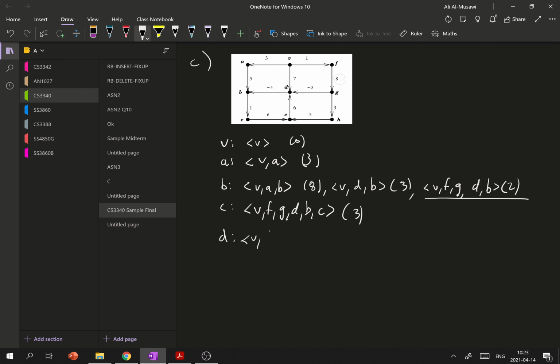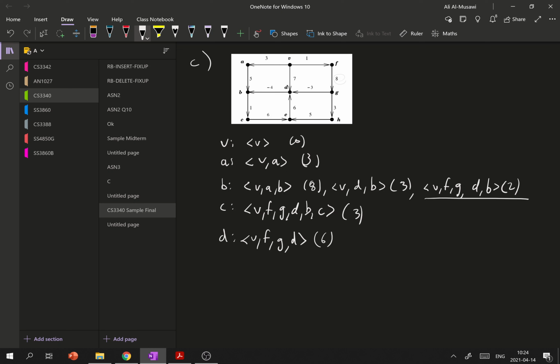That's this one, V, F, G, D. Cost, what is that? 2. So you just have to, I guess, backtrack.